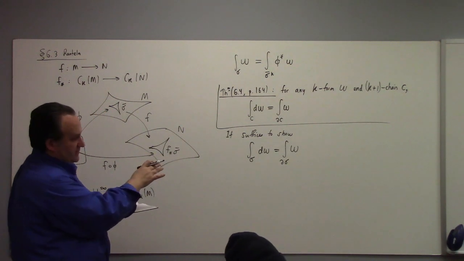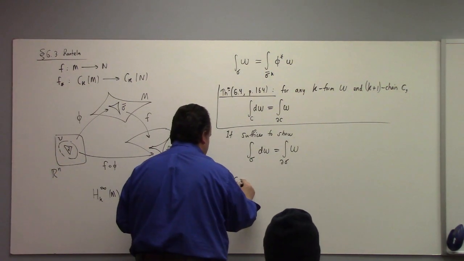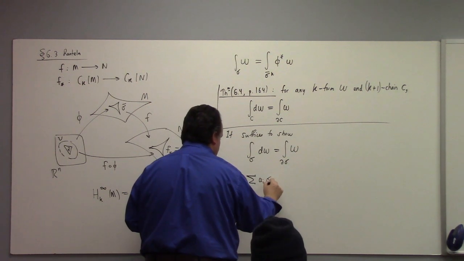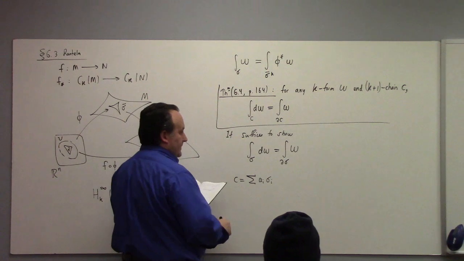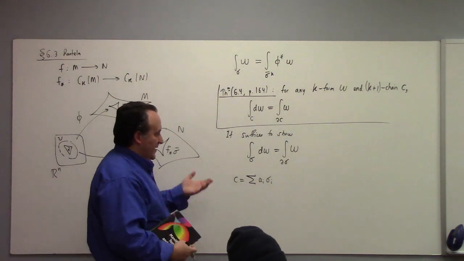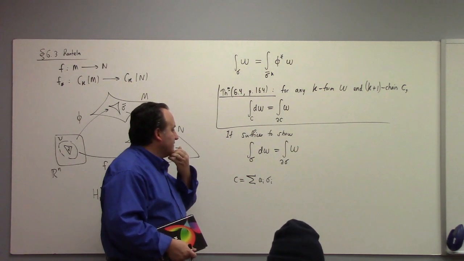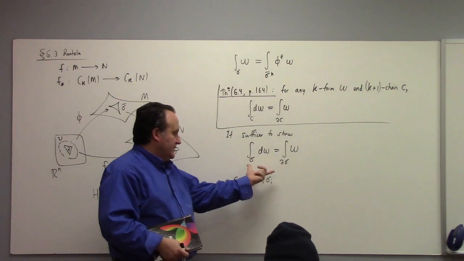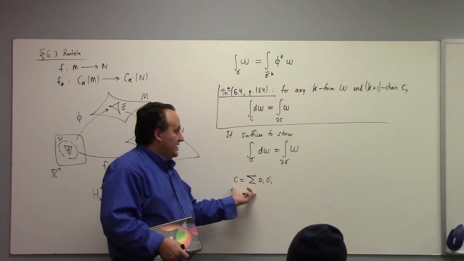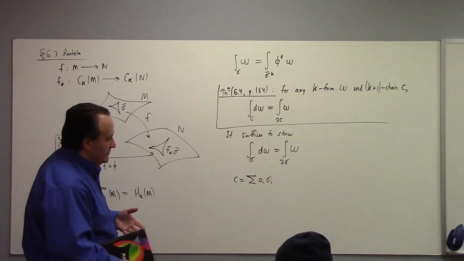Because if we can show that, then what's the chain? Remember that the chain is a sum over a sub i, sigma sub i, right? And then basically by the linearity of the boundary operator, if you can prove it for the simplex, then you can extend to the chain. And if you can do a chain, well then that's a lot of things. So, okay, anyway, how do we do that?